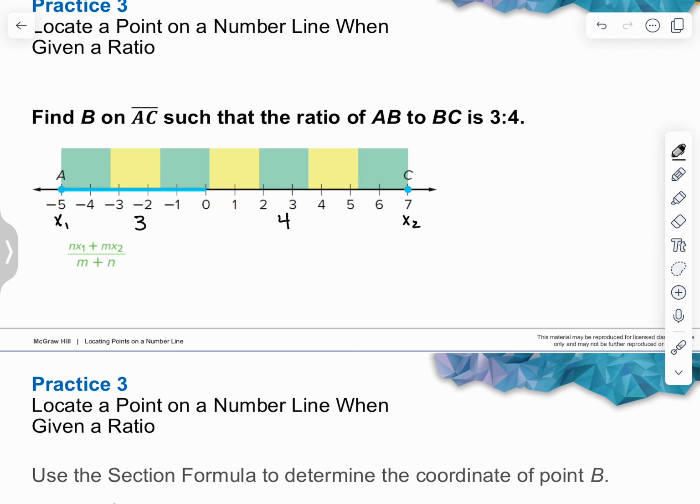So it's going to be 3 times -5 plus 4 times 7 all over 3 plus 4. That's -15 plus 21 all over 7. It's going to be 6/7. So at almost 1, right about there, is where B is.